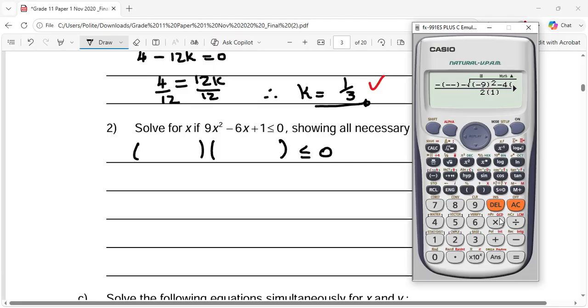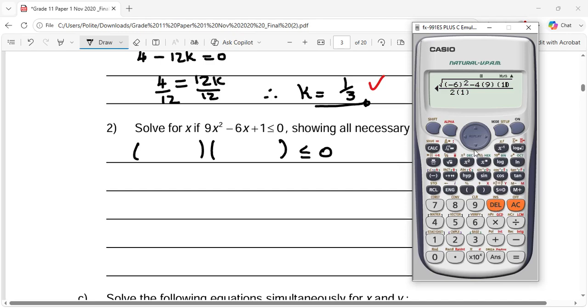This is what I do when I don't want to waste time trying to factorize a certain question. And what is a? A is 9. And what is c? The value of c is positive 1.